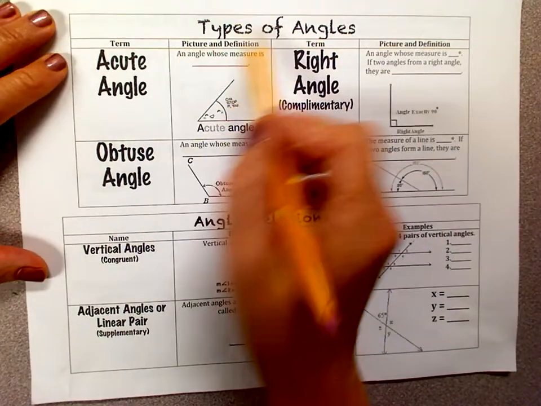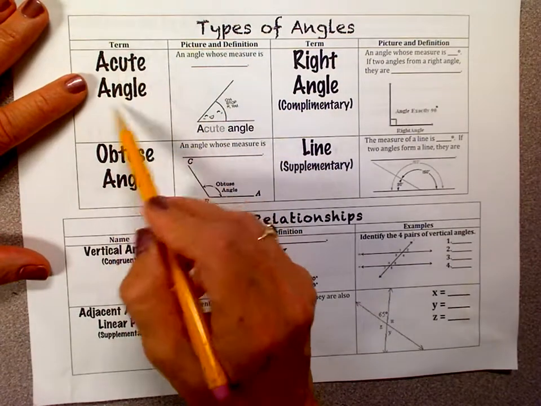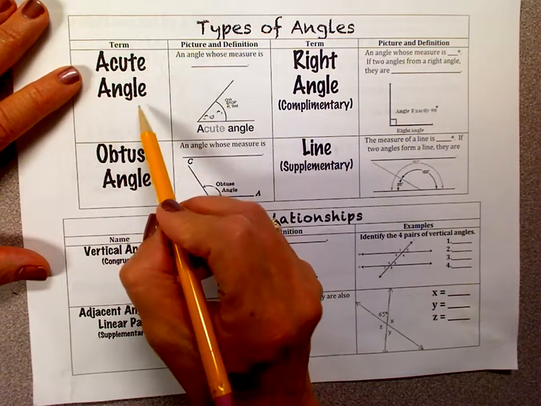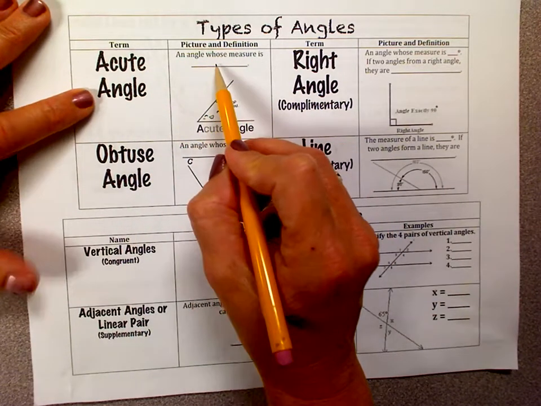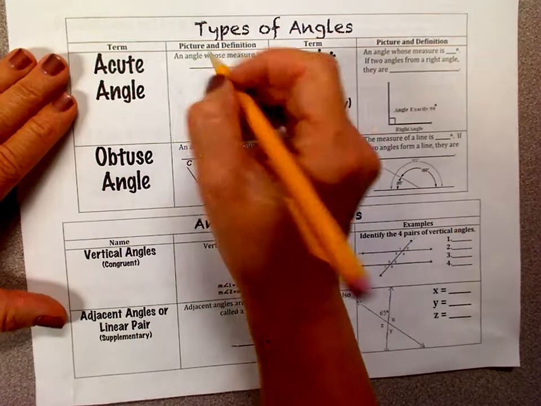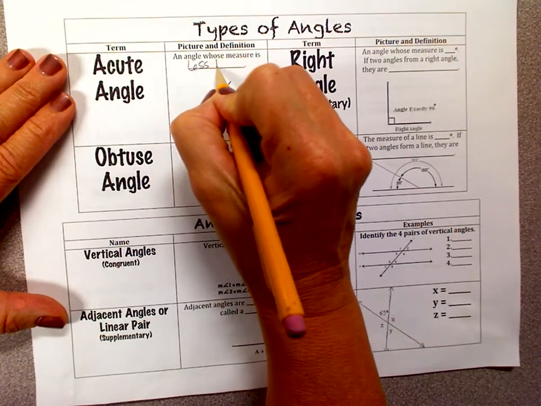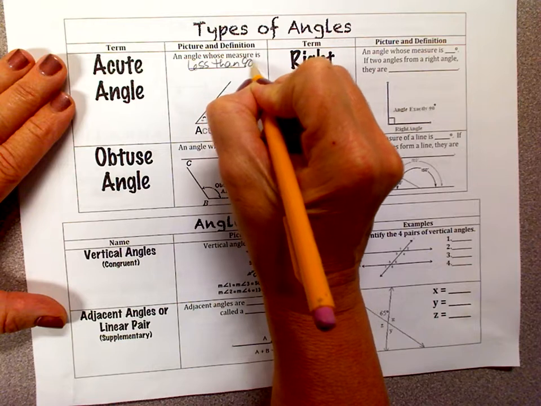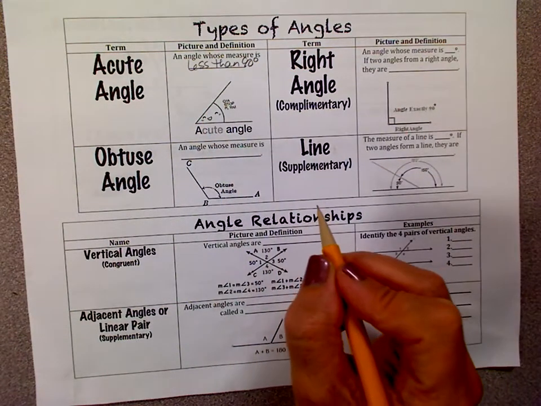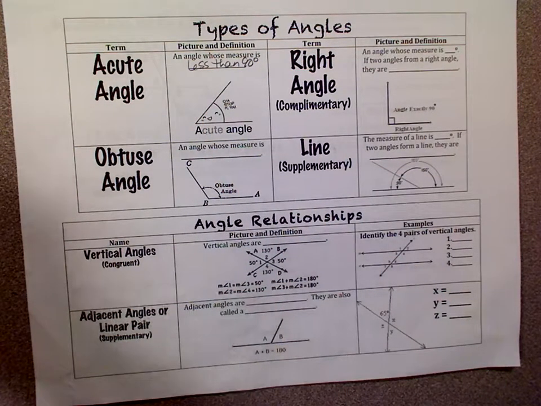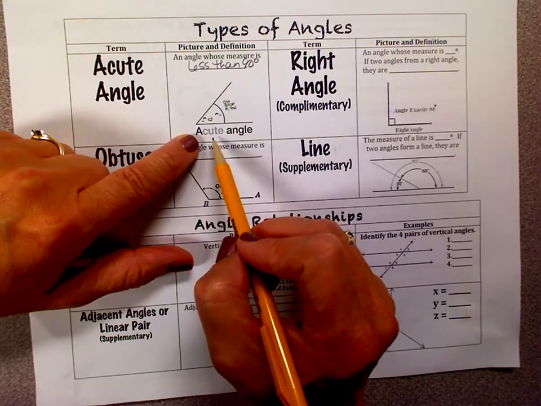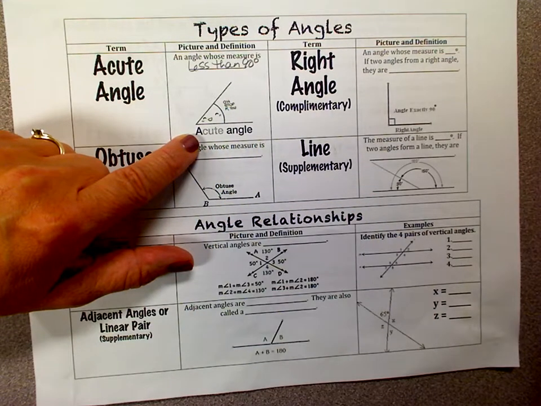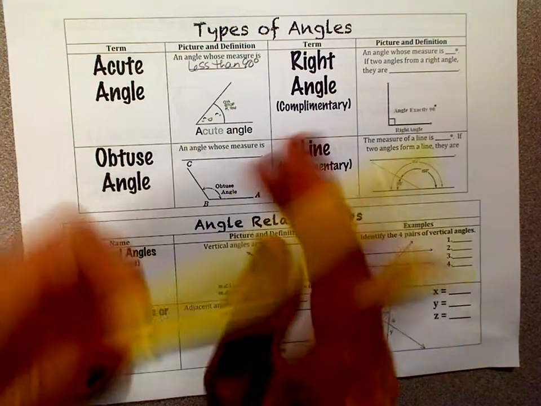So we're going to first start with the types of angles. Acute angle. Now this is not new to you guys. You know the acute angle. It is an angle whose measure is less than 90 degrees. What they have here was in color, so it was really cute, but I couldn't print in color.